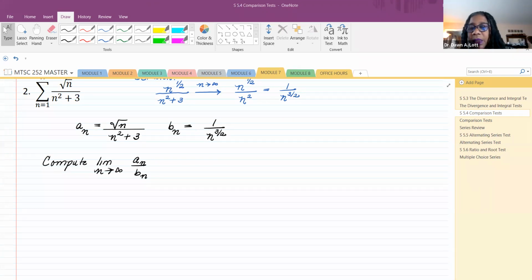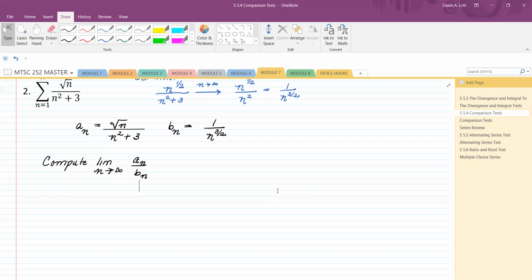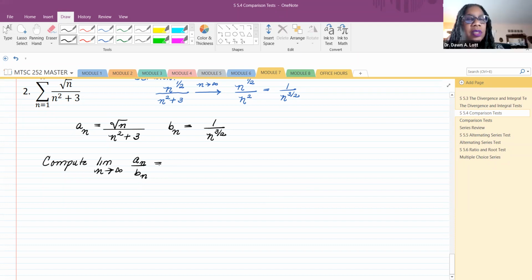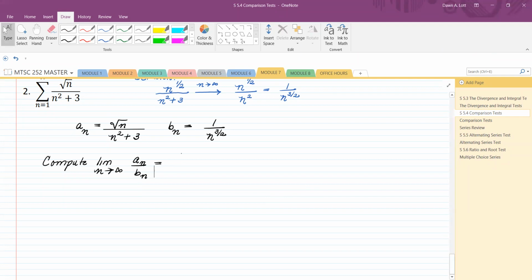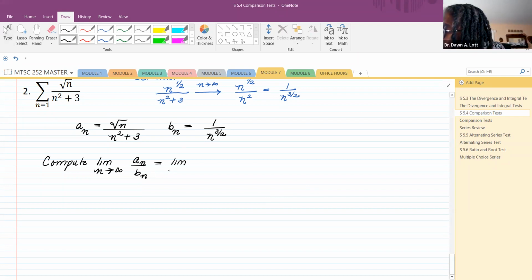Okay, so did anybody get that limit? Is anybody able to compute this limit? At the last part, before doing L'Hopital's rule, I got n squared over n squared plus 3. I'm not sure if that's right. That's right. So you have the limit as n approaches infinity of, when I divide an by bn, I'm going to skip the middleman.